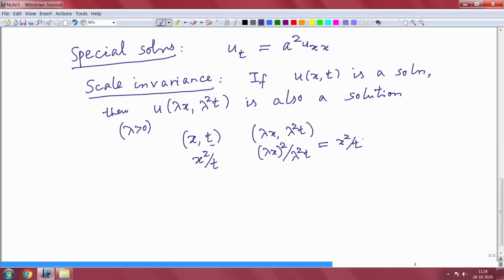So, the scaling leaves this x²/t unchanged. Okay, this is unchanged. So, that is fixed.